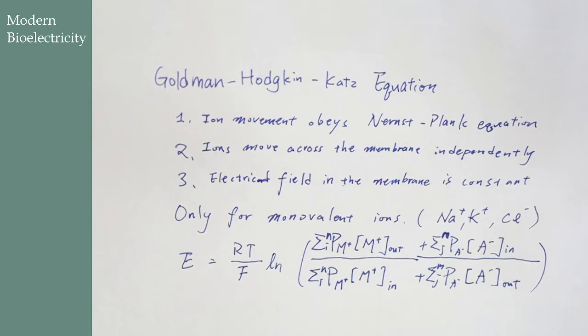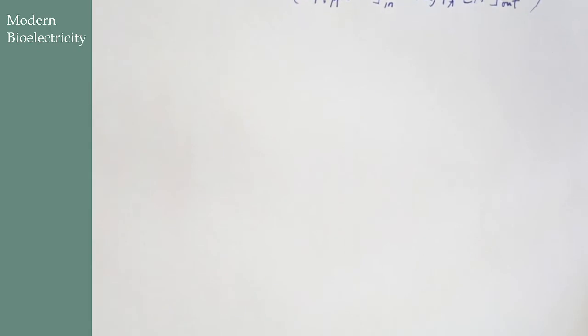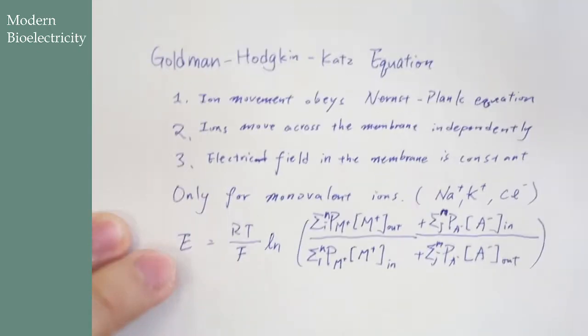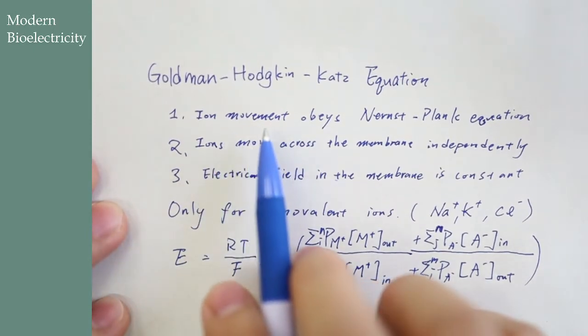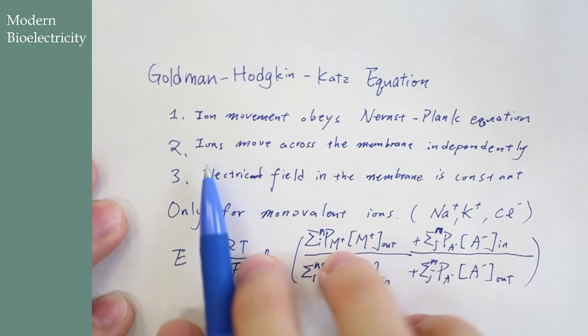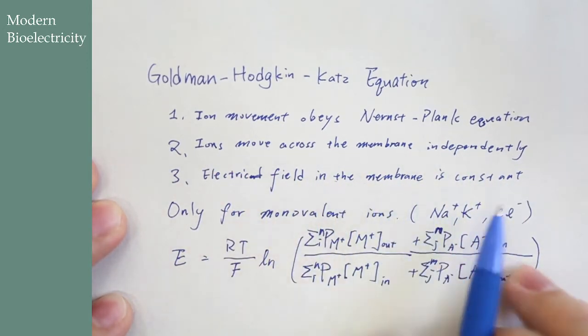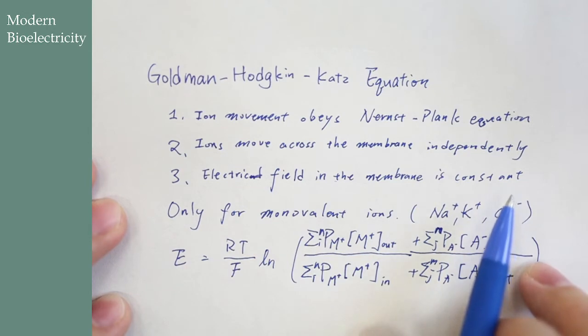How do we derive the Goldman-Hodgkin-Katz equation, or Goldman equation for short? With these assumptions, the ion movement obeys the Nernst-Planck equation, the ions move across the membrane independently, and the electric field in the membrane is constant.